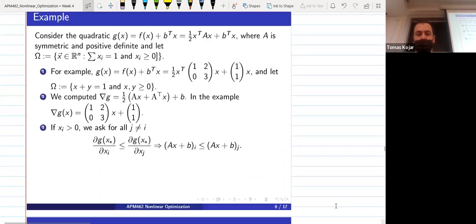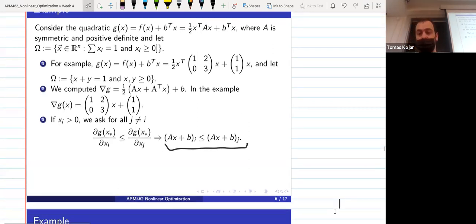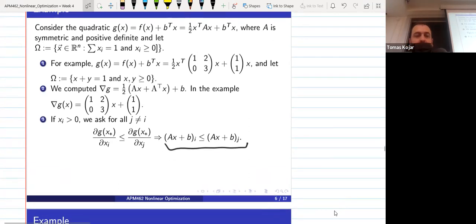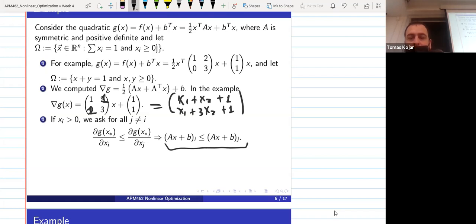So let's open this up. It says that you have this formula over here. Now I'll do it again by hand. We computed this. It was x1 plus x2 plus 1, x1 plus 3x2 plus 1, the partial 1 of g, partial 2 of g. Now, suppose that x1 is strictly positive.